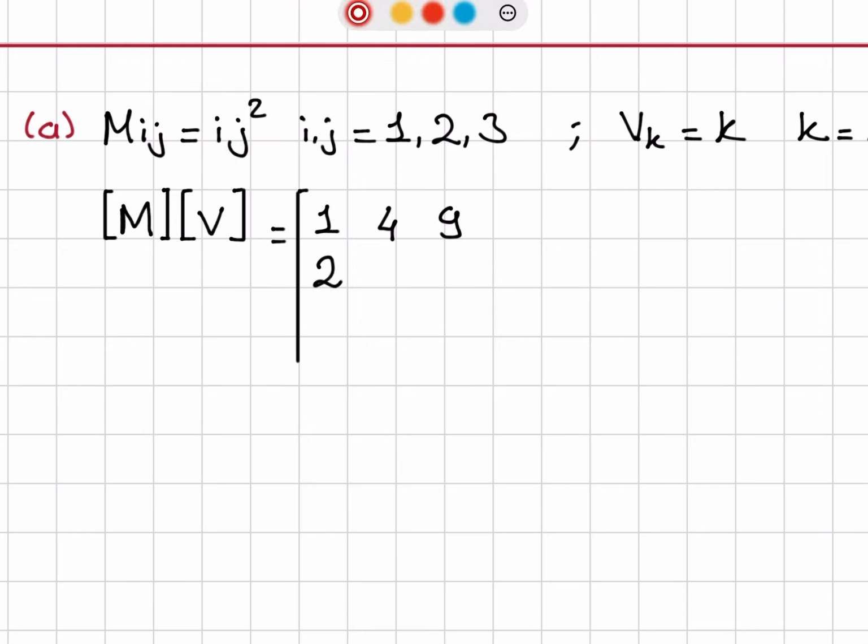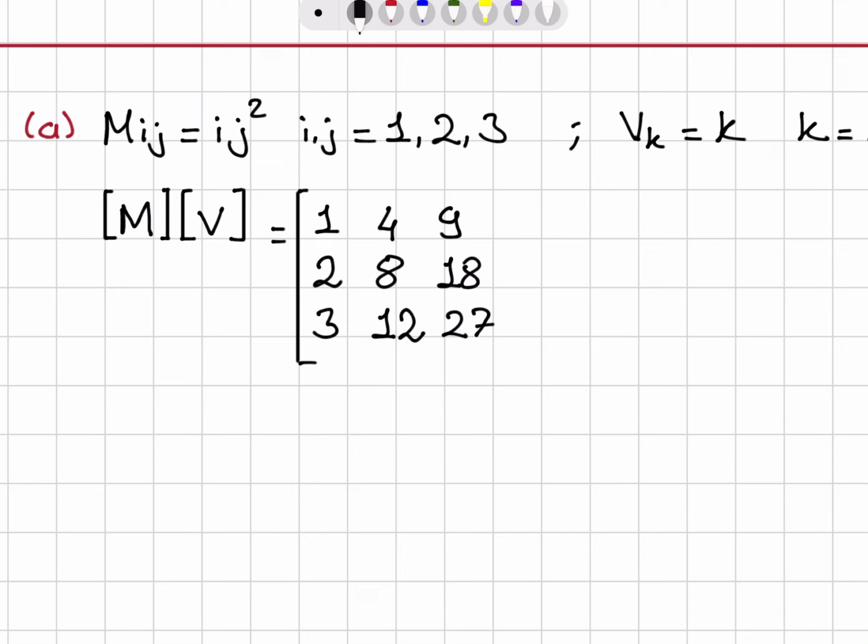Second row, second column, 2 times 2 squared, 4 times 2 is 8. Second row, third column, 2 times 9, that is 18. Third row, first column, 3 times 1, that's 3. Now you can see how this goes. Third row, second column, 3 times 2 squared, 4 times 3, that's 12. And third row, third column, 3 times 3 squared, 9 times 3 is 27.